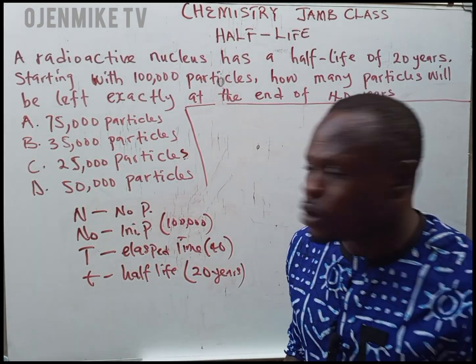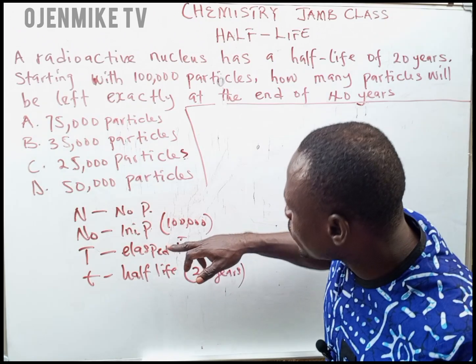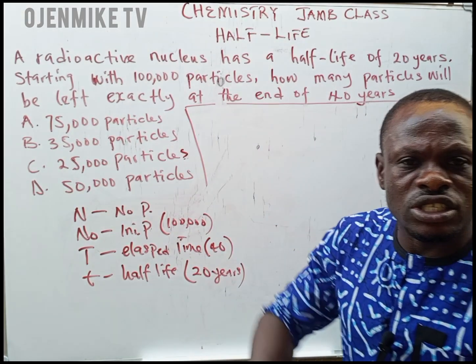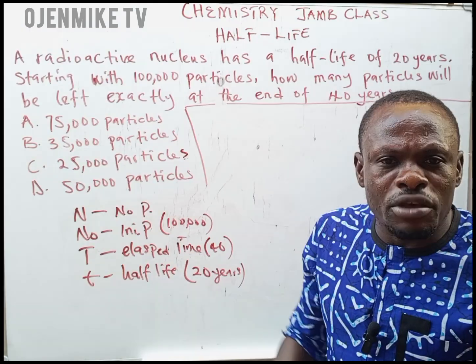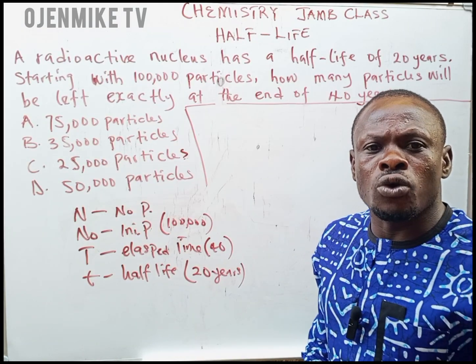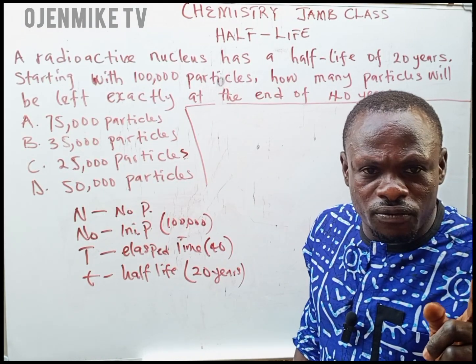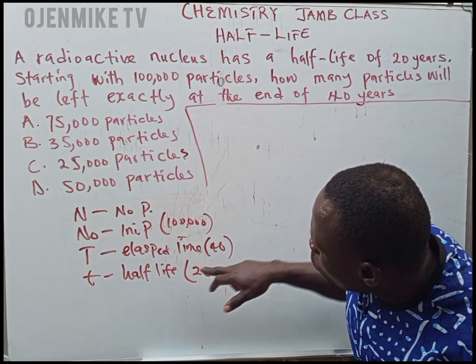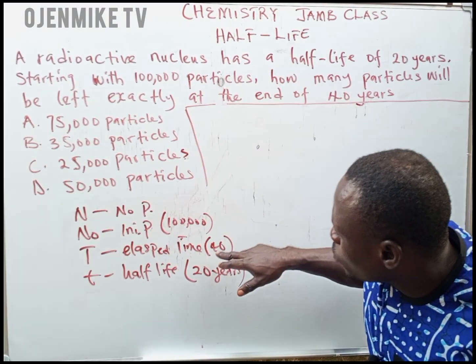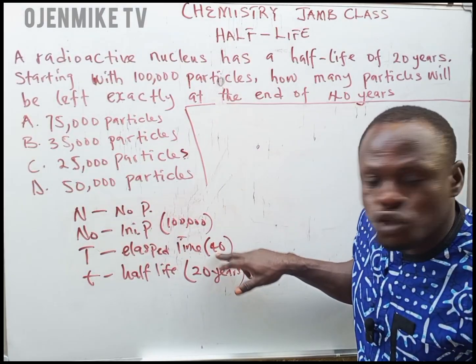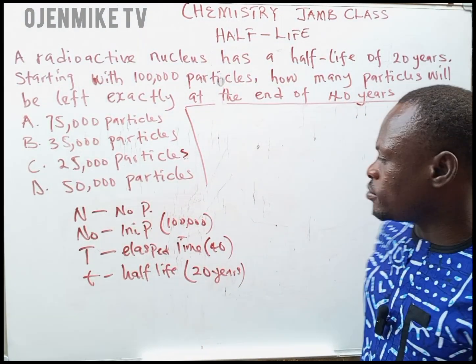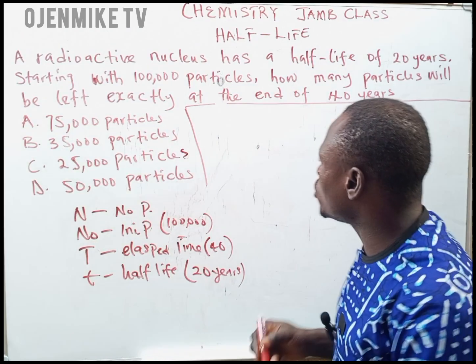Now, how do you approach it? If you don't want to use a formula, remember, a half-life is the time a radioactive nucleus takes to reduce itself by half when it undergoes decay. So we have 2 times here, and you are going to divide the 100,000 over 2 successive occasions.